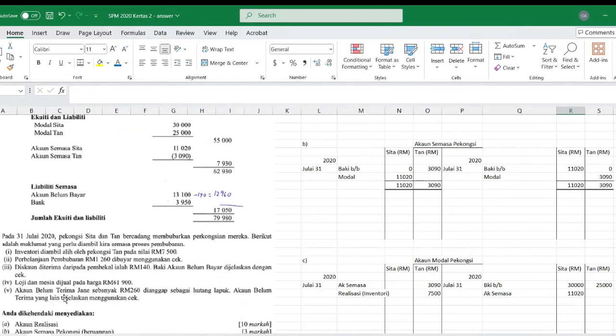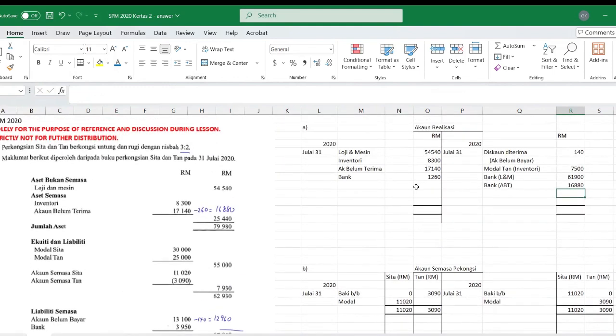We have recorded everything. So let's try to post the account realisasi, see whether it's an untung or rugi realisasi. Sum up the debit side with your calculator. See what have you got over here on the debit side. Do you get 81240? Jot down in pencil on your answer script.